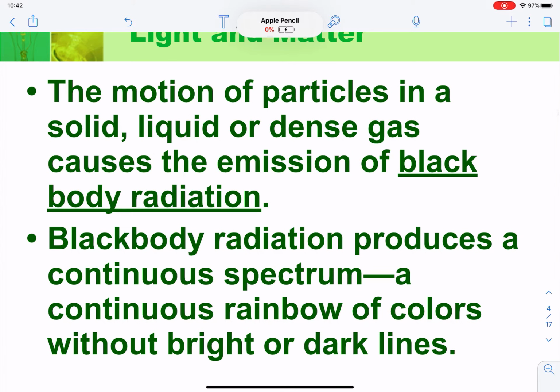The motion of particles in a solid, liquid, or dense gas causes the emission of black body radiation. Basically, the gas particles in space, between the star where the light is coming from and us, create this radiation, and this is going to create a spectrum.